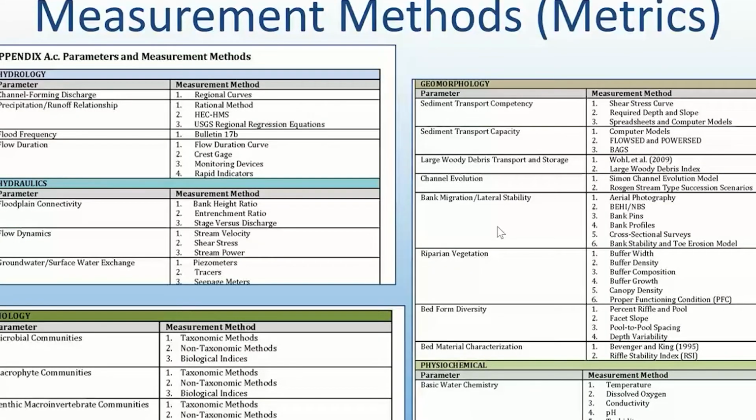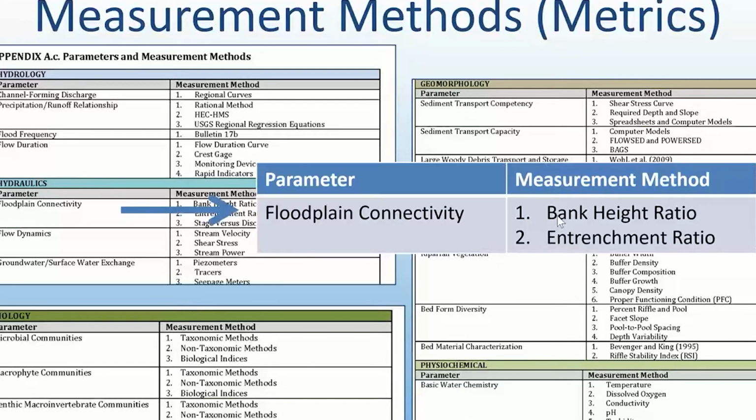All right, so those are function-based parameters. So now attached to those function-based parameters are measurement methods or metrics. All I want you to know at this point in the presentation is that every parameter must have at least one metric attached to it, and it can have more than one.